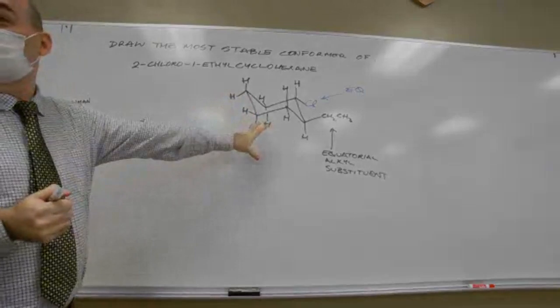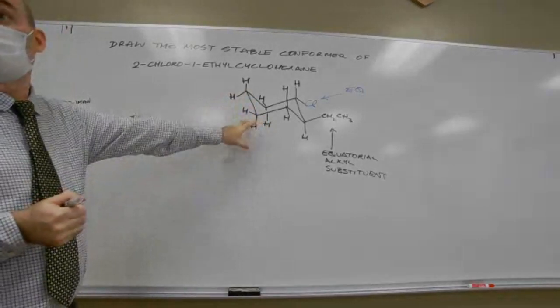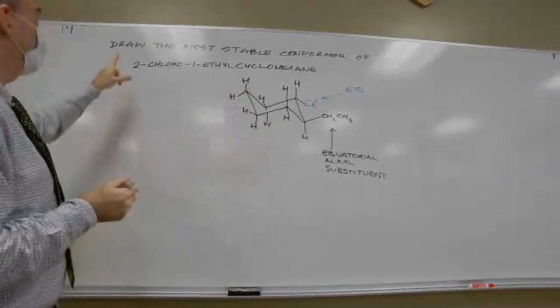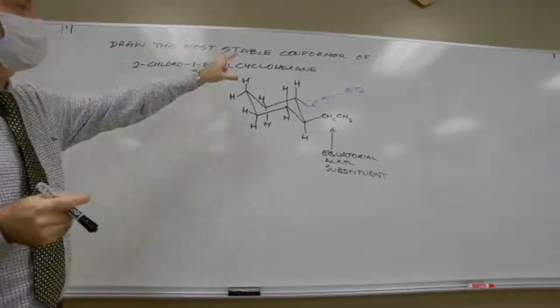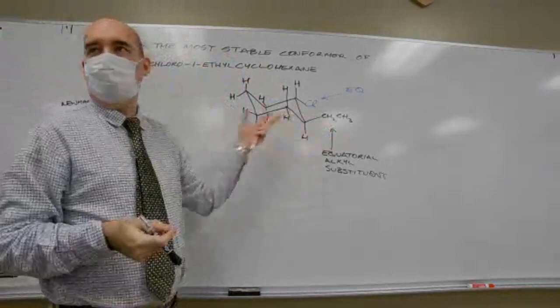Okay, so this is my best answer. I'm going to show two different ways of sketching this. This is one way. And if it says draw the most stable conformer, this is a good way of showing it.